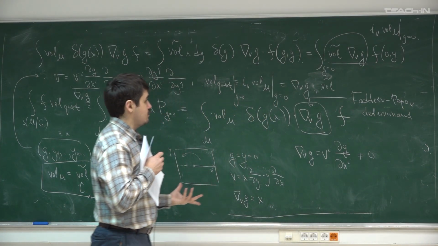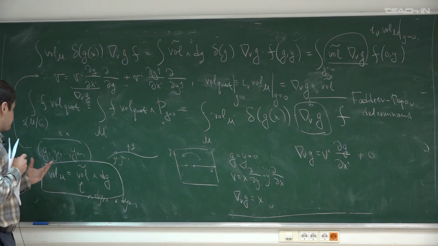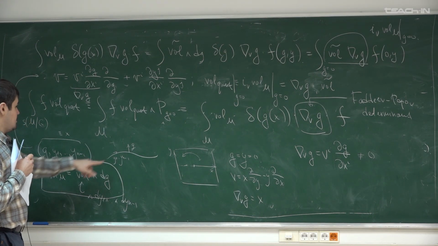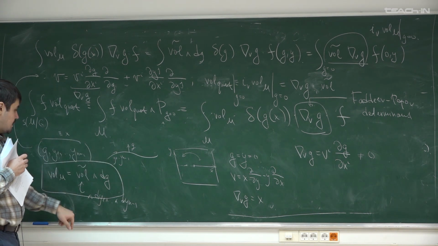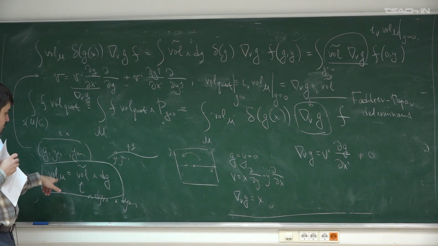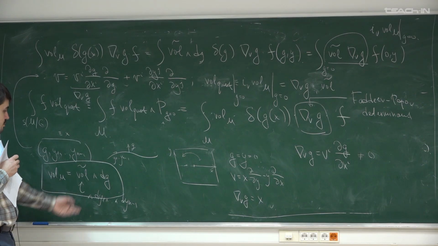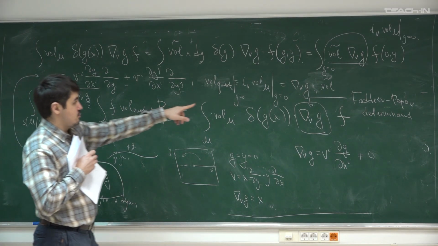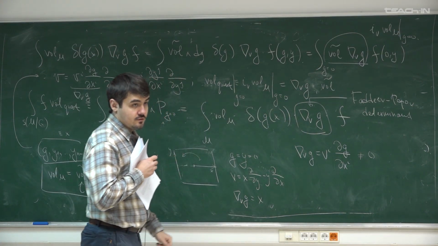To show that, we have to pick suitable coordinates, these y, g coordinates, and write our vector field and our original volume form in this coordinate system. This is what I do here. And then I just contract this with the vector field, and you see that it's this guy here.